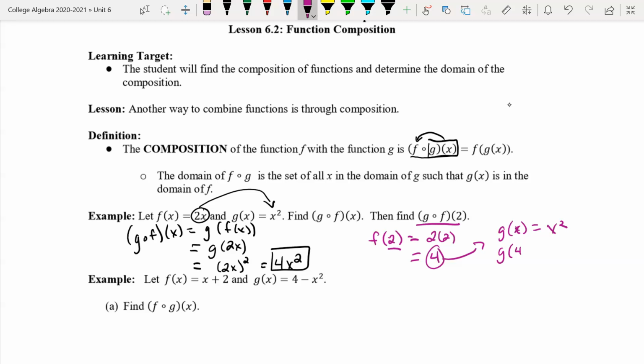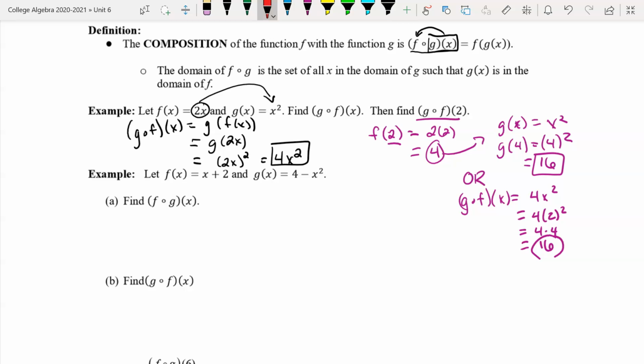So now I'm going to say g of 4 equals 4 squared, which is 16. That's my final answer. Or you can take what we got, g of f of x, which is 4x squared, and plug in 2 and get the same answer.